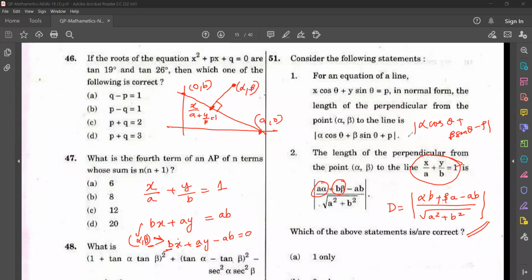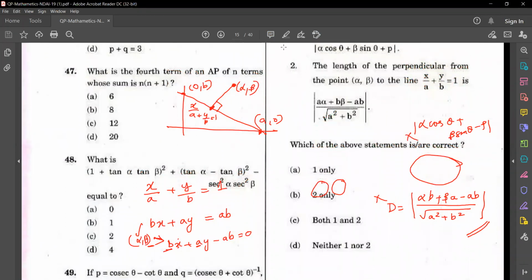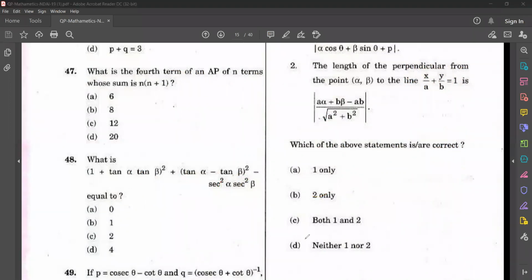The first statement is wrong, the second statement is also wrong. They are asking which of the following statements are correct. So the answer is neither one nor two. That is option D. Option D is the correct answer.